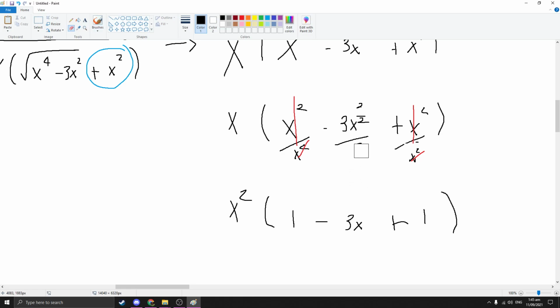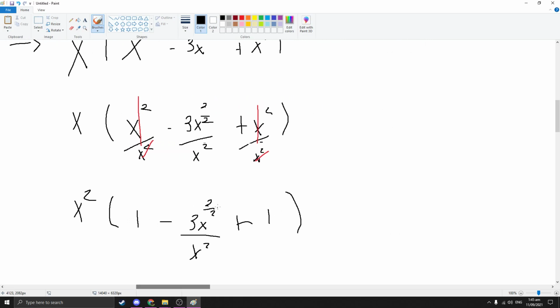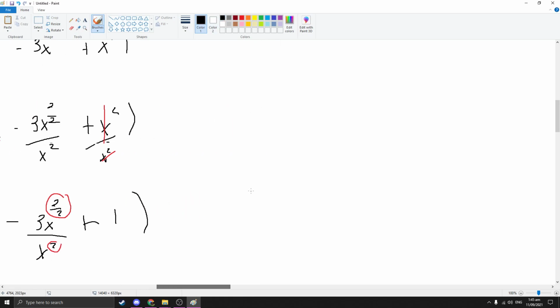And ang ating 3x raised to 2 over 2 ay magiging ganito na. Diyan muna yan. So, meron tayong isang rule dito, according sa aking notes, since ganito yung situation natin, mag-focus tayo sa exponent. Ano ba yung exponent natin? Meron tayong 2 over 2 over 2.